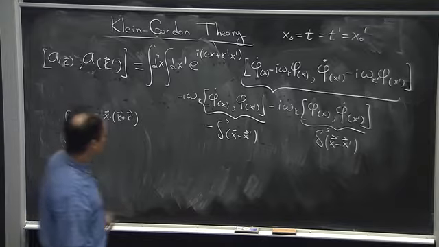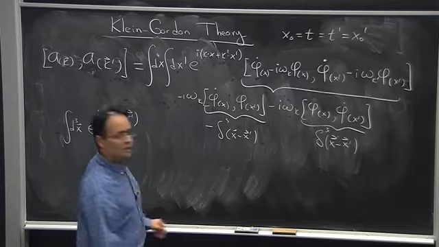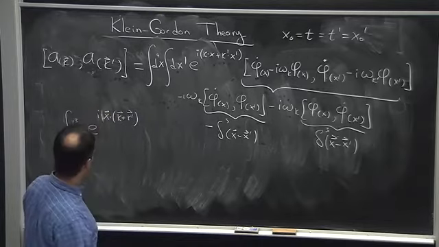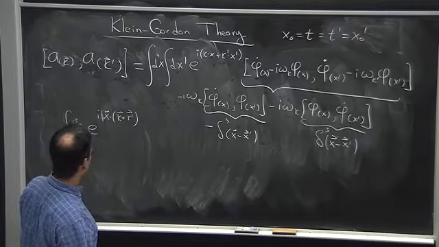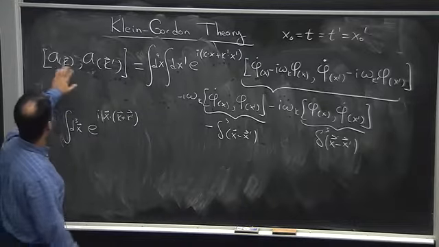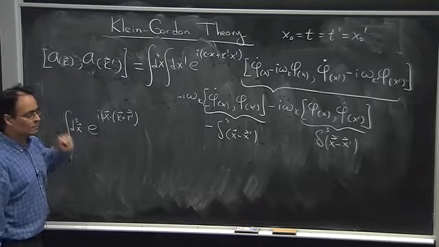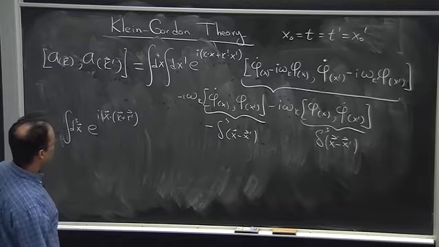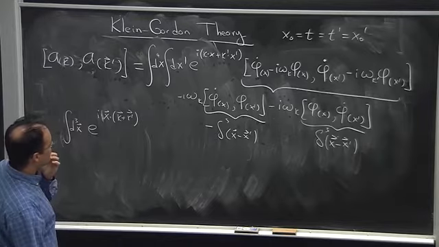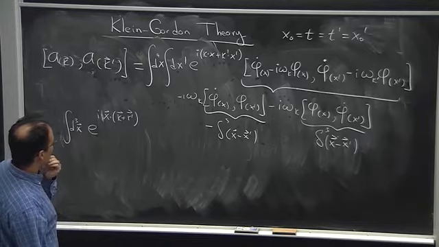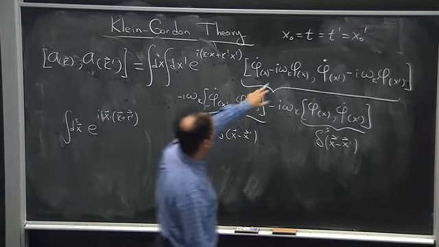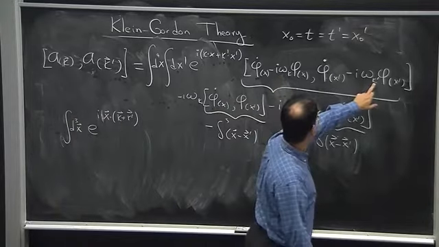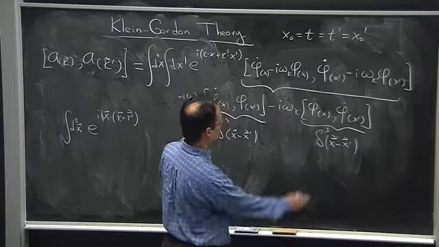Sorry? Is this out? You want the dagger, a dagger, or just? No, I'm doing a_k with a_k. So here you can use the commutators and they just differ by a sign. So the first one should be omega k prime. Yes, one of them is omega k and the other one omega k prime. So which one goes with which?